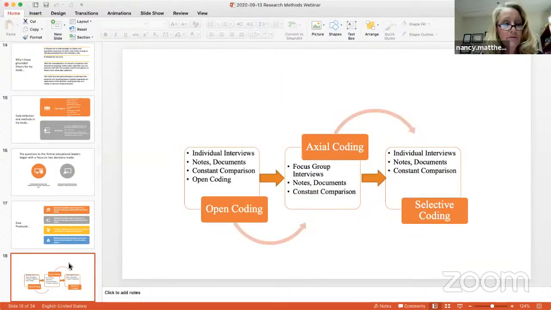So keeping in mind the tenets of grounded theory with the characteristics of constant comparison and theoretical sampling, and not collecting data until going through and looking to see the emergence of a theory, this slide shows my process with the straight arrow depicting the cycle of data collection and the curved arrow depicting the cycle of coding.